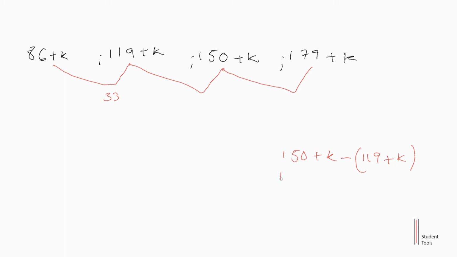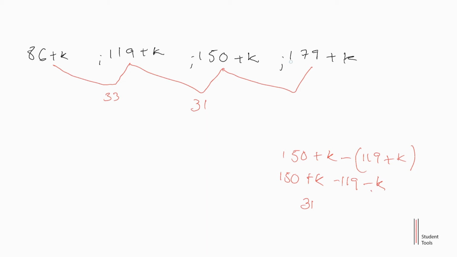So 150 plus k, this is minus 119, and its sign changes to minus k here as well. So 150 minus 119, that is a 31. Positive k minus k, that is a 0. So here we have 31.